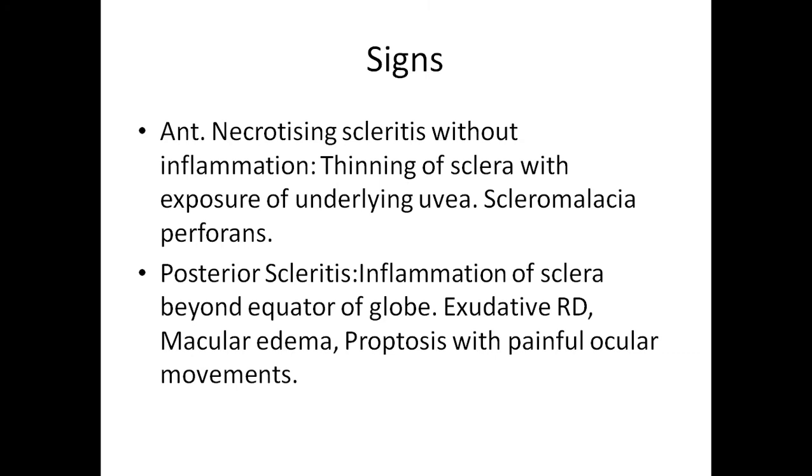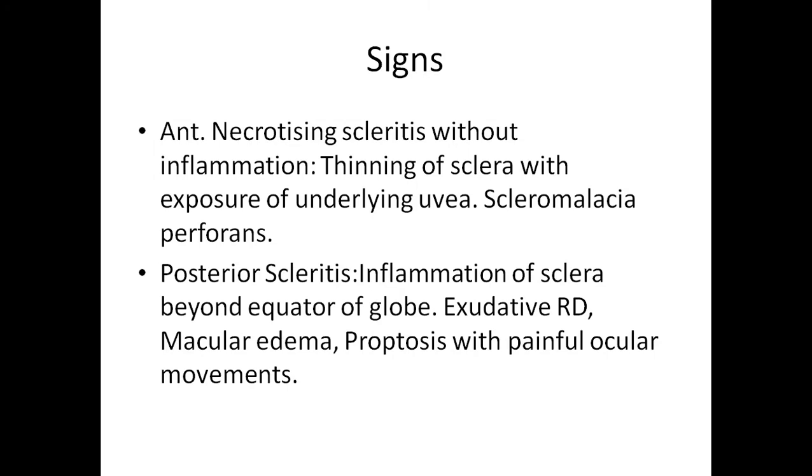Posterior scleritis is inflammation of the sclera beyond the equator. Again, as I told you, the eyeball looks like a geography globe. The line which divides the globe into two equal parts is known as the equator. So posterior scleritis is the inflammation of the sclera beyond the equator of the globe.